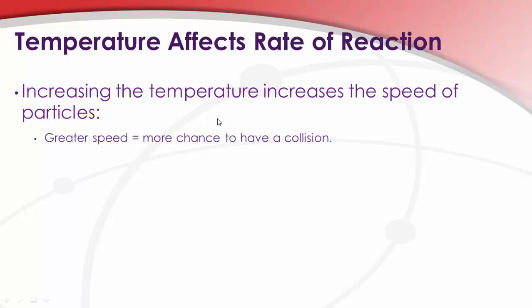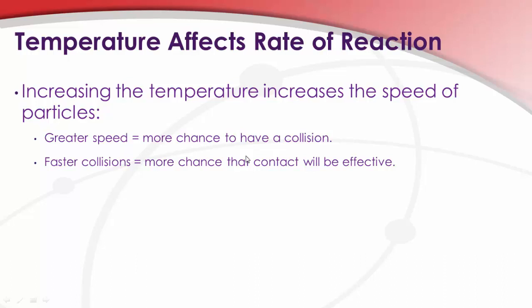Now, greater speed increases the chance that two reagents that are involved in the reaction will have a collision. But further, those collisions will be faster. Because the motion is quicker, the relative motion of the molecules will be greater, the kinetic energy will be higher. And this increases the chance that contact between these molecules will be effective.